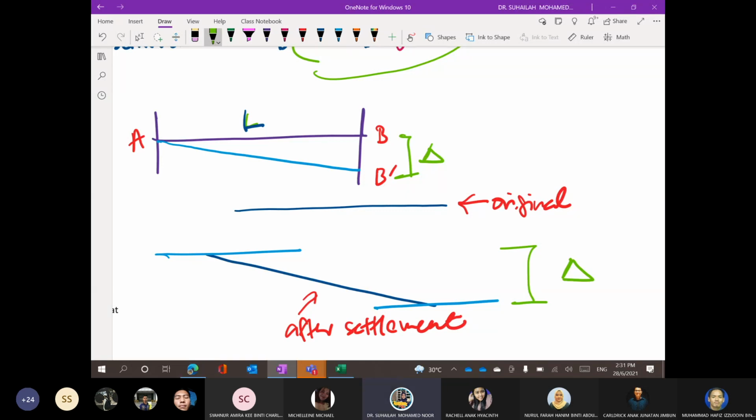What we need to look at now is how the moment behaves in this case.